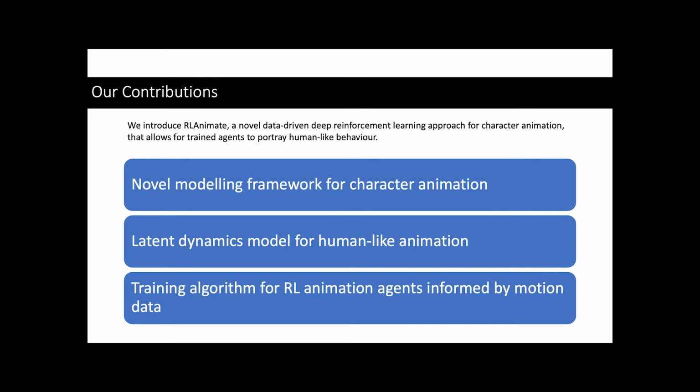This splits the information into an objective signal that is specific to the behavior to be portrayed, and a description signal that informs the agent of the current state of the character model. Leveraging the characteristics of this configuration for presenting information to the agent, we are able to train an efficient latent dynamics model.